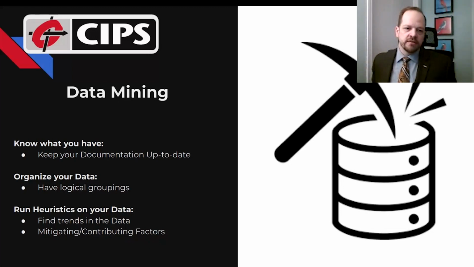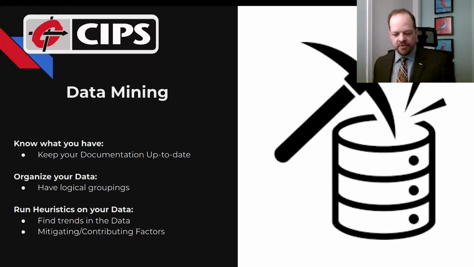You need to make sure that you can ask questions of your data sets, and then have your algorithms go through your system and pull back what's contributing to this and what's mitigating this from happening.